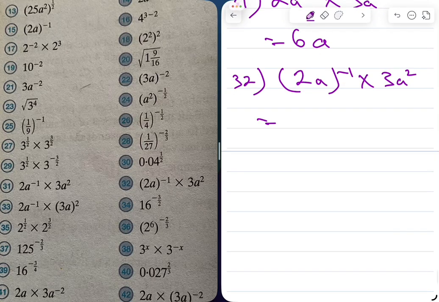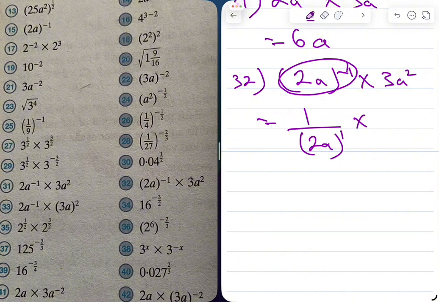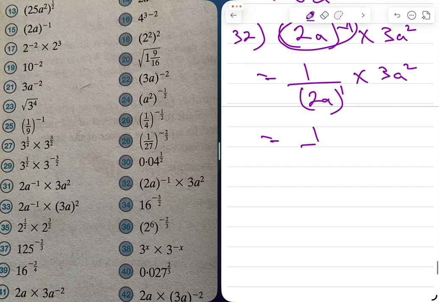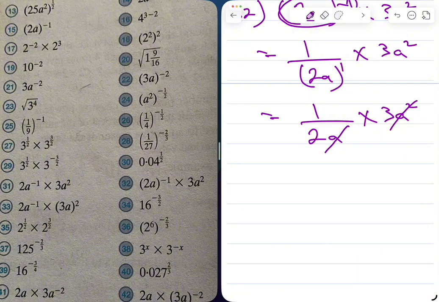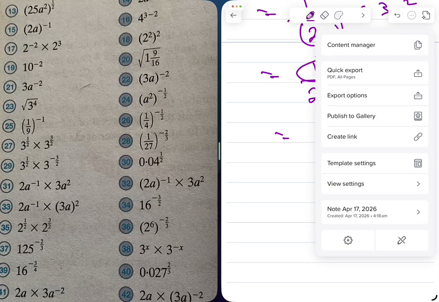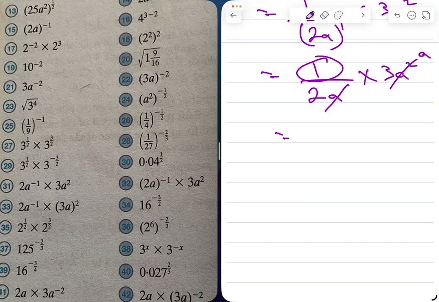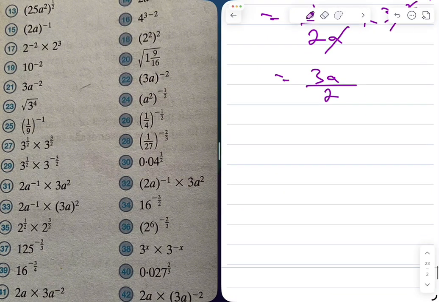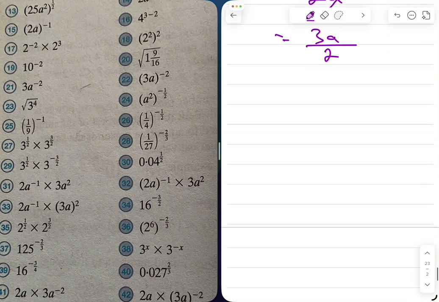That's equal to, this is the same as 1 over 2a raised to power 1 times 3a square, and that simply means 1 over 2a times 3a square. Now a in a square is a, and that simply means, of course, 1 times 3a. 1 times 3a will be 3a over 2.